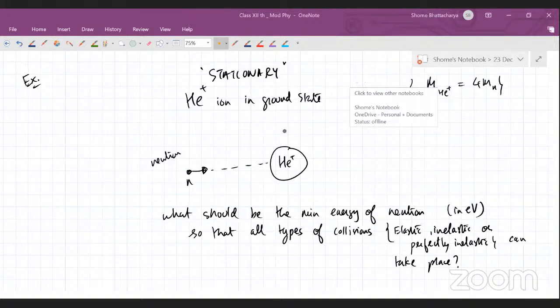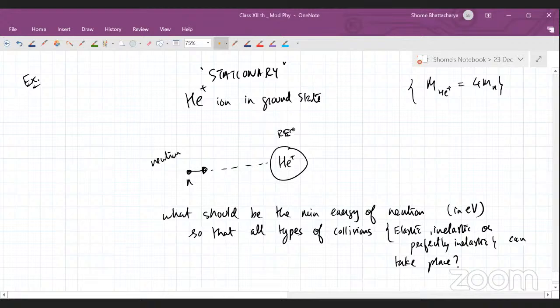The helium ion is initially at rest, but the energy we're talking about of the neutron is the kinetic energy only. And the helium ion is in ground state initially.